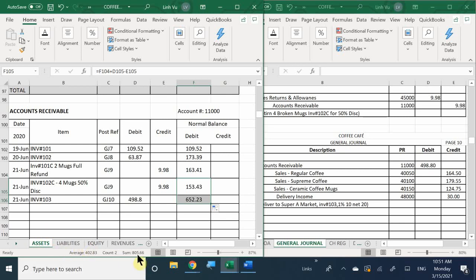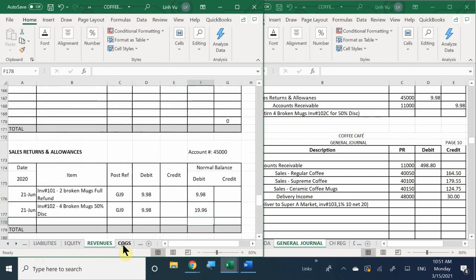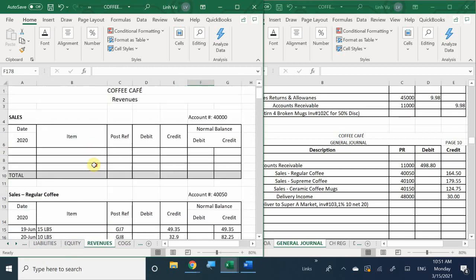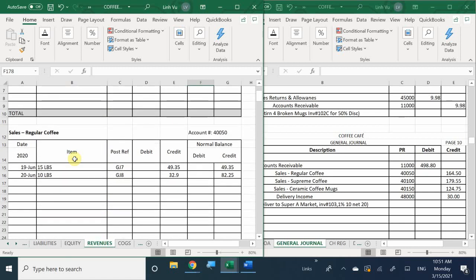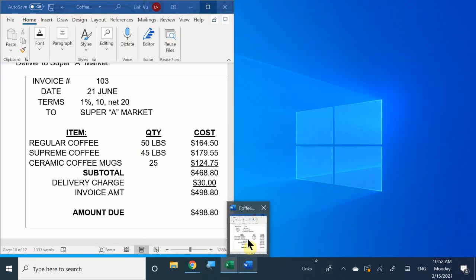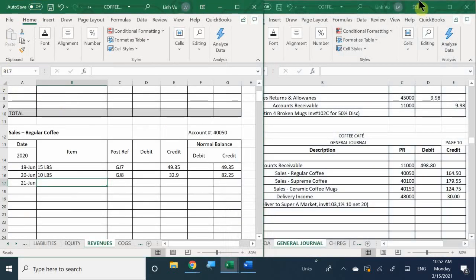Next is the sales. We're looking at the top numbers here because we're selling them by the pound. So in this case, how many pounds of the regular coffee did I sell? We sold 50 pounds.